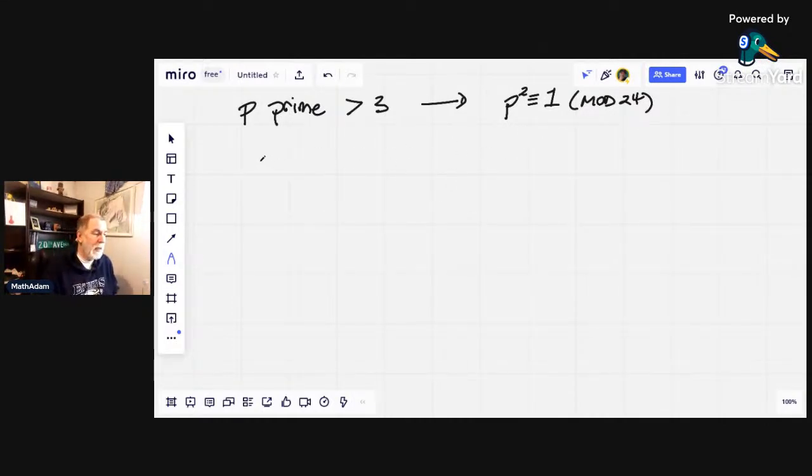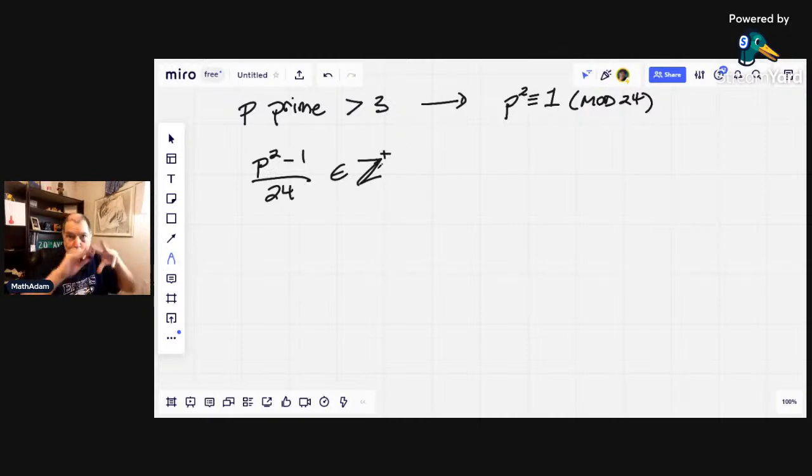What we're saying is that (P squared minus 1) divided by 24 is an integer. And let's go a little bit further with that, because if P is a prime greater than 3, we can safely say that this is all positive. So let's just add that proviso. What do we want to do?